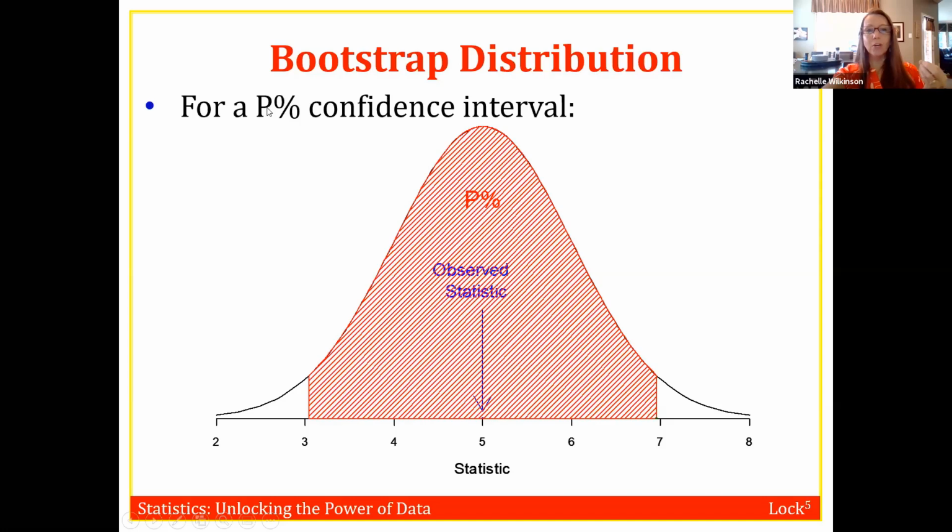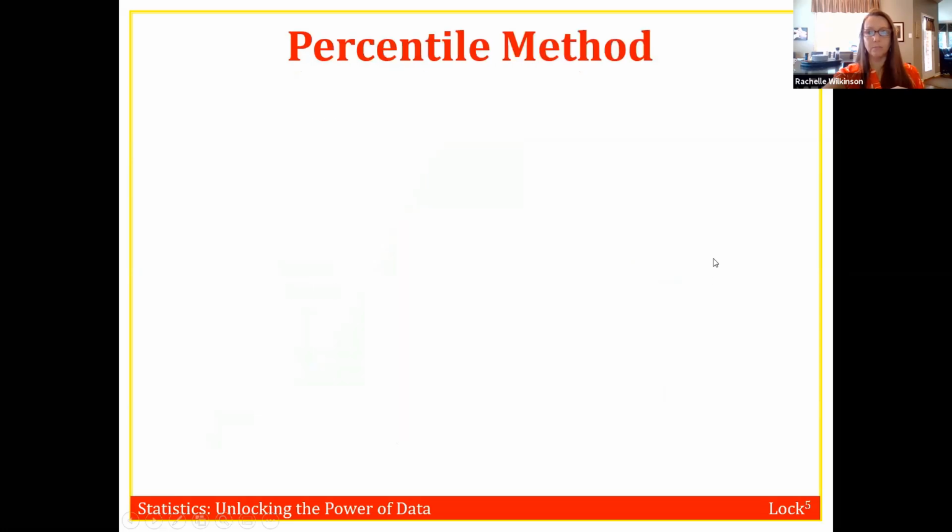So whatever our confidence level, if our confidence level is 95%, we want 95% of the dots right in the middle of the distribution. And then where we would make that cutoff so that exactly 95% of the dots are smack dab in the middle, those cutoff values are going to be our upper and lower bounds of our confidence interval.